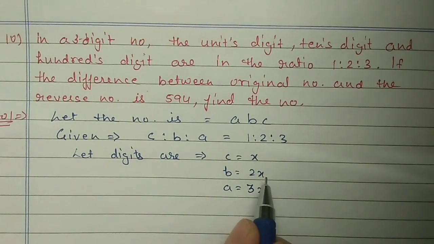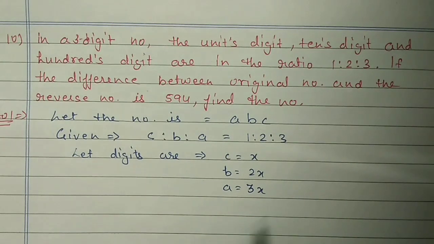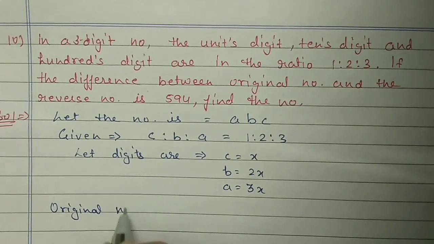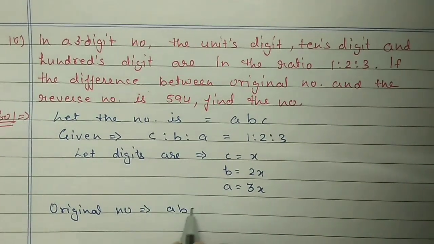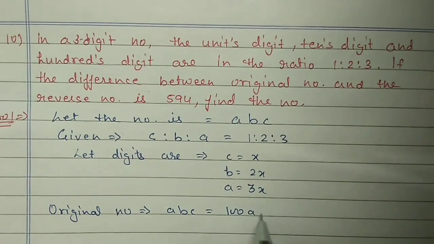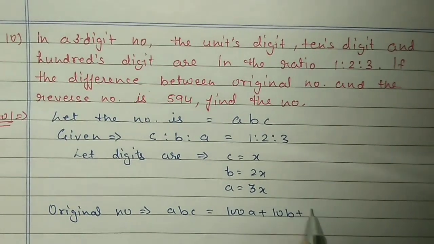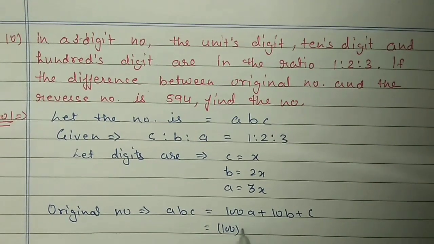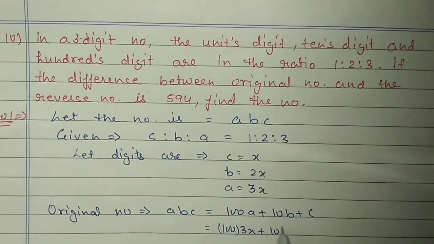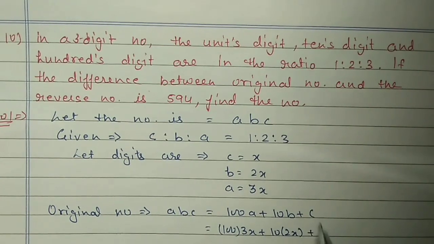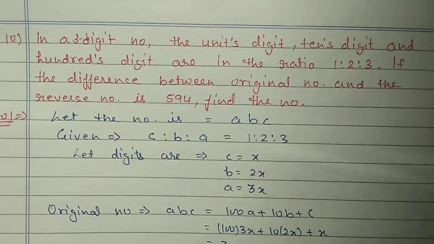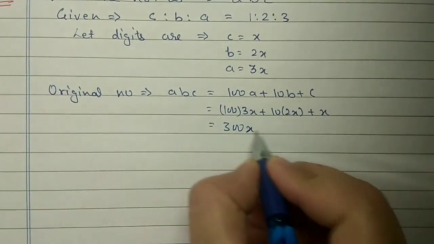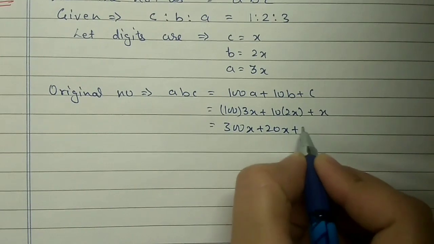Now according to this, first we will find the original number and the reverse number. Original number is ABC, general form is 100A plus 10B plus C. Now substitute the values: 100 into 3X, 10 into 2X and C is X. So we get 300X plus 20X plus 1X.